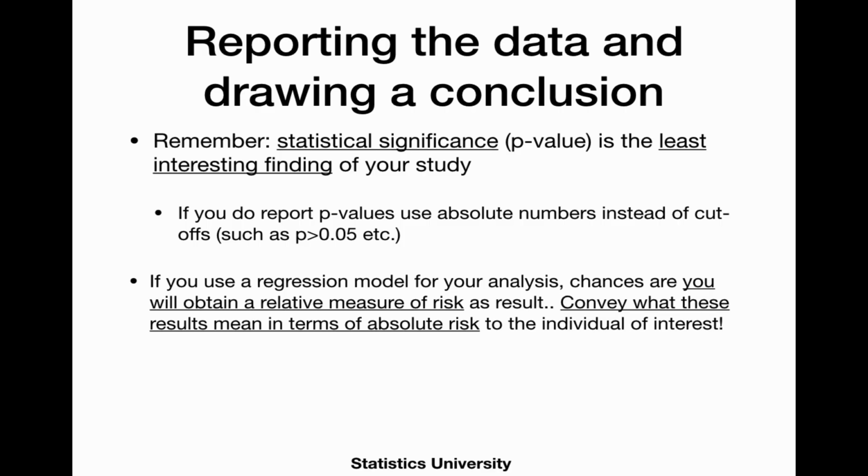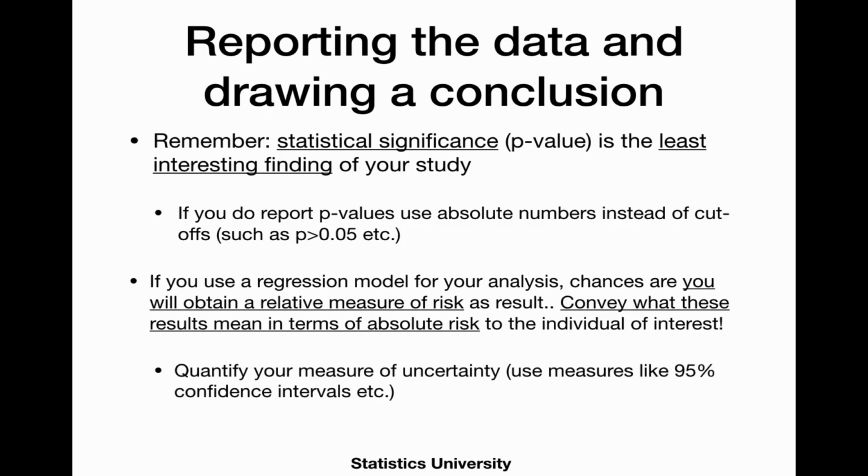And remember that odds ratios and hazards ratio can be different from relative risk, especially if the outcome is not that rare. And quantify your measure of uncertainty. So always use measures like the 95% confidence interval.